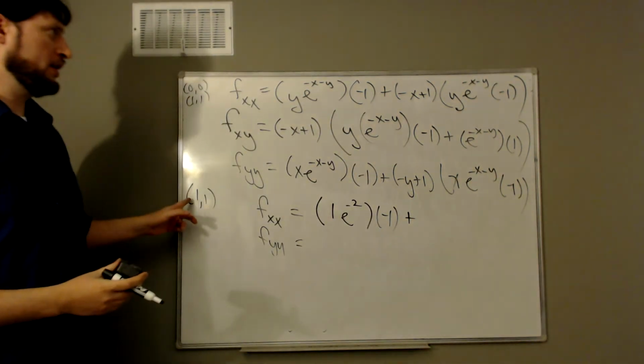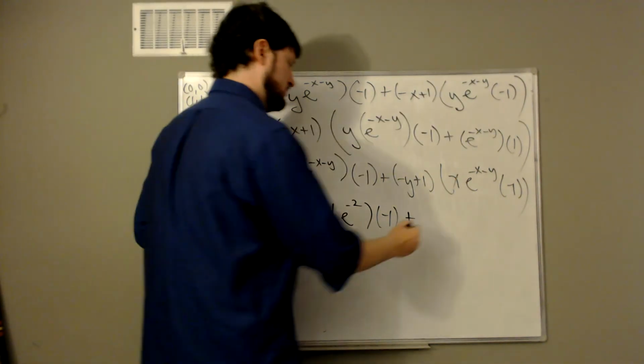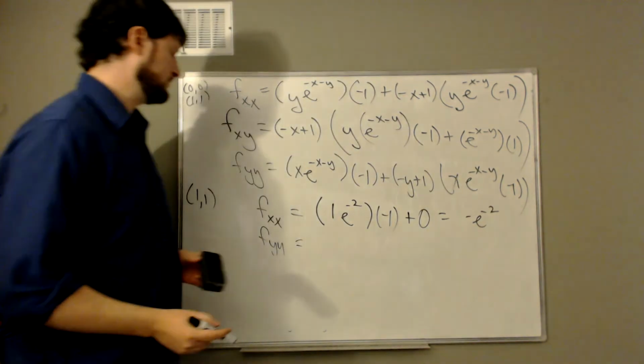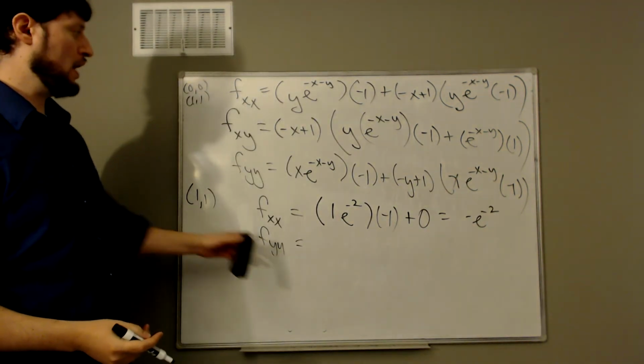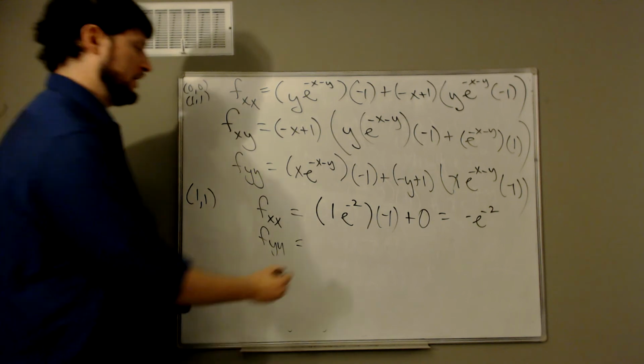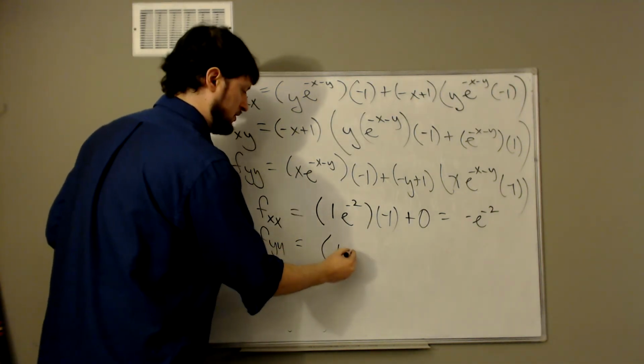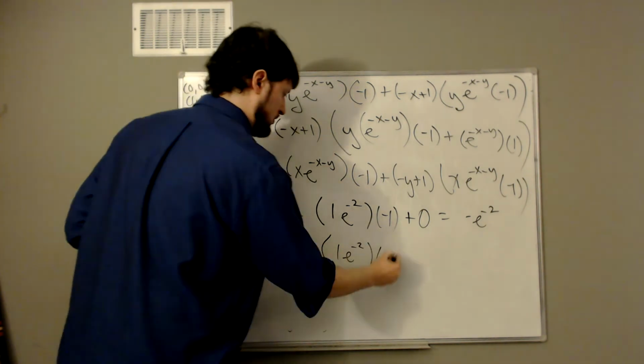Now when I plug 1 in, this term all goes to 0. So that's negative e to the minus 2. That's the f sub yy. When I plug 1, 1 in, this makes 1 times e to the minus 2 again, times minus 1.